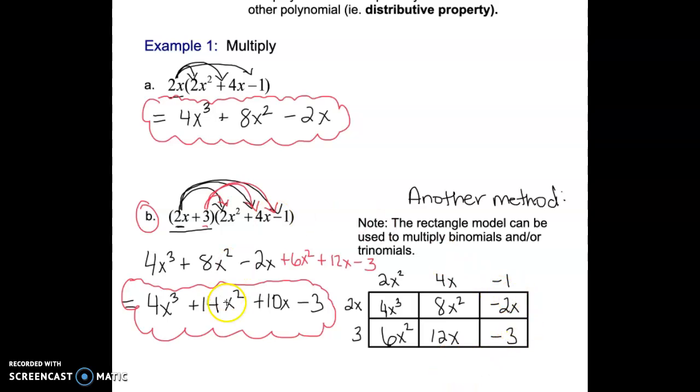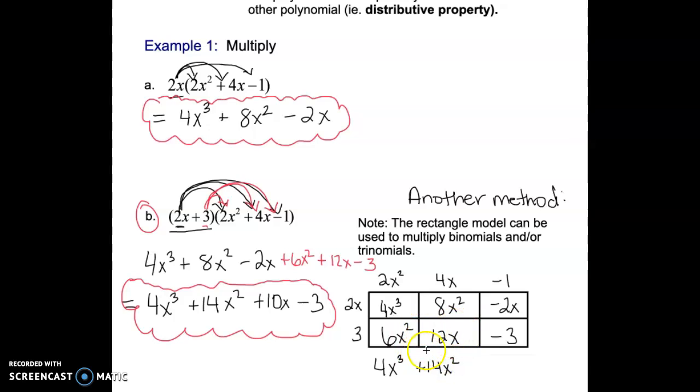Then, just like we did over here, we combine like terms and it gives us the exact same answer. We have 4x cubed. We have two terms with x squared, 6x squared and 8x squared, which gives us 14x squared.